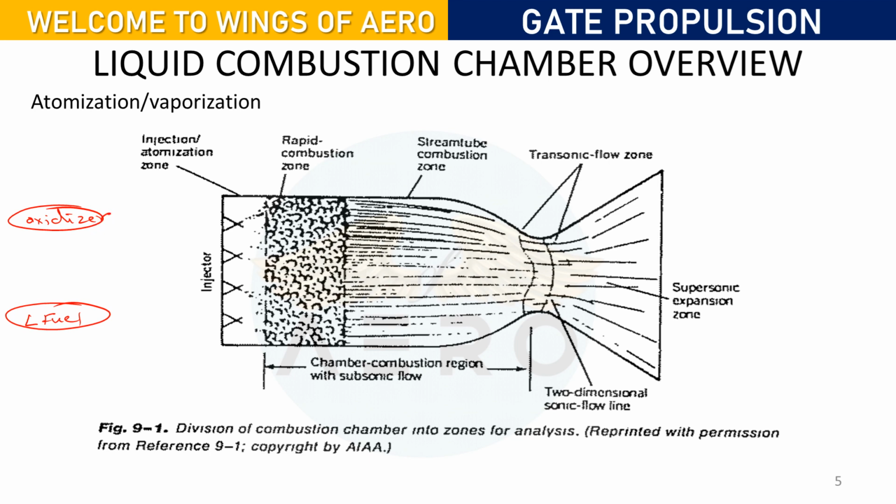Why they use oxidizer and fuel, we have already discussed, right? There are a lot of ways the fuel and oxidizer can be fed into the combustion chamber. This entire thing is called the combustion chamber, right?